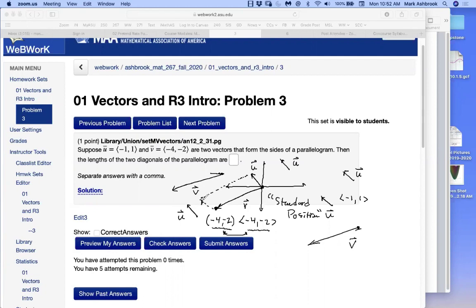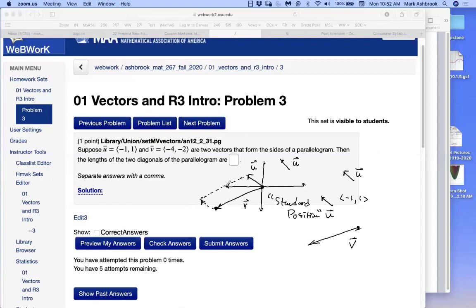Something like that. Let me draw that one. Okay, so you see that if you put two vectors tail to tail, you get a unique parallelogram.